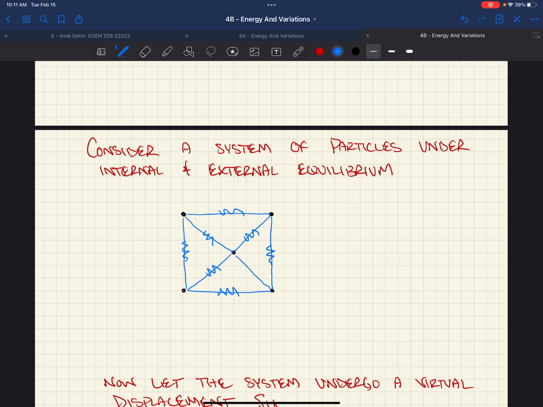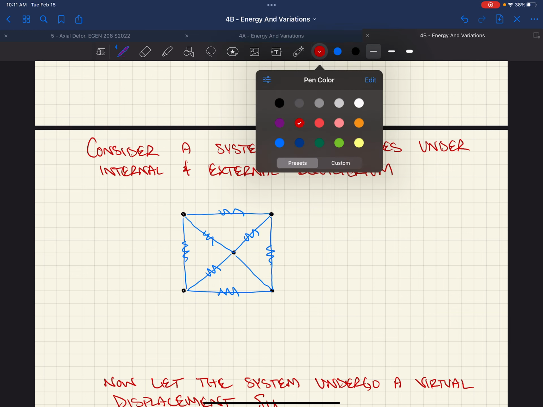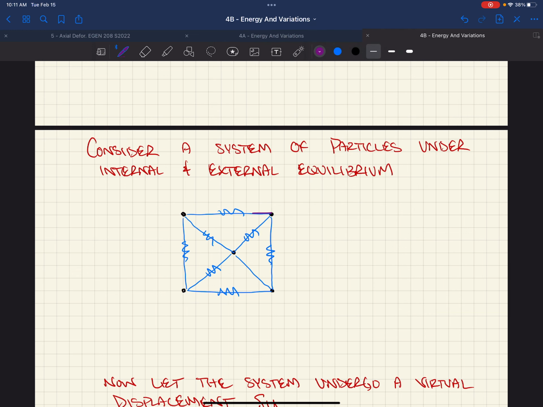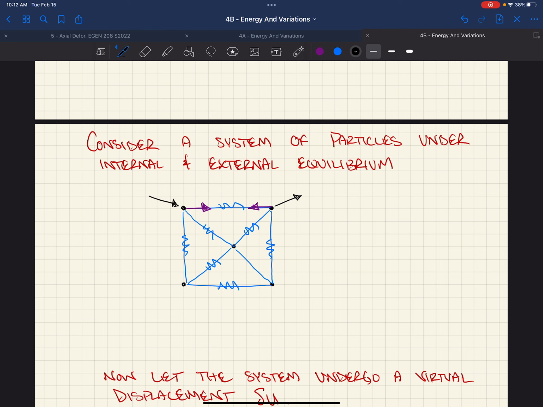And these springs would have internal forces in them. We'd also have external forces acting on these particles, potentially, right?